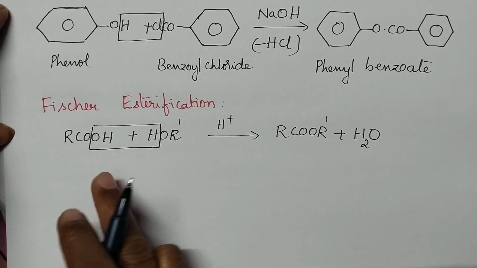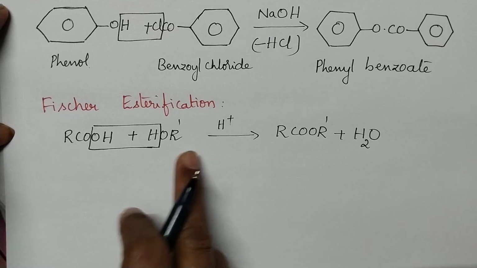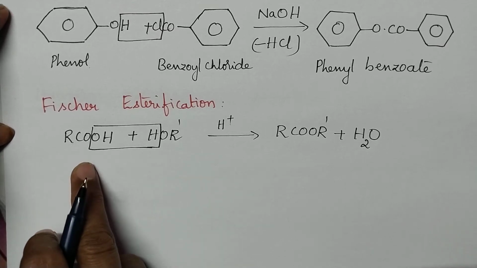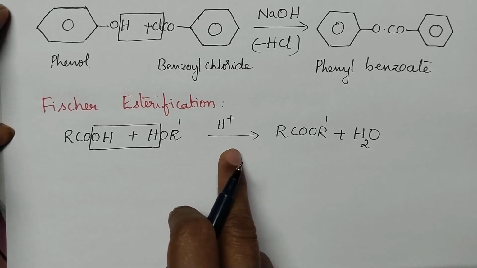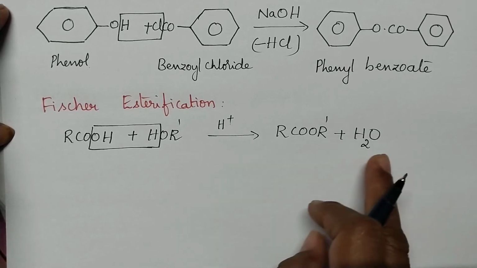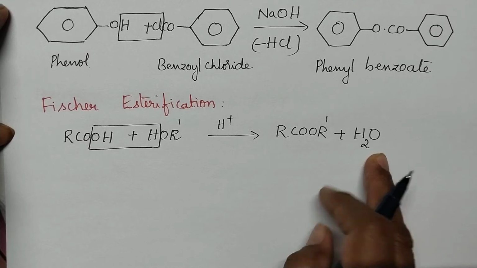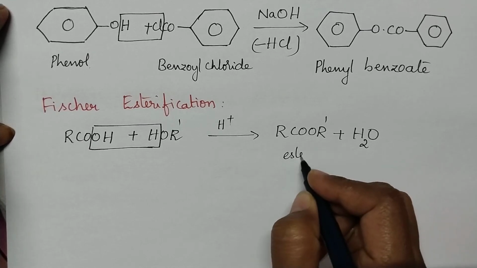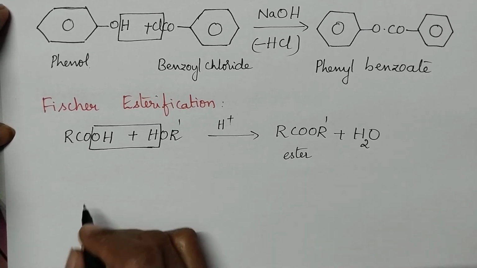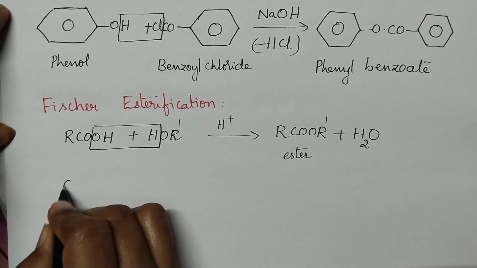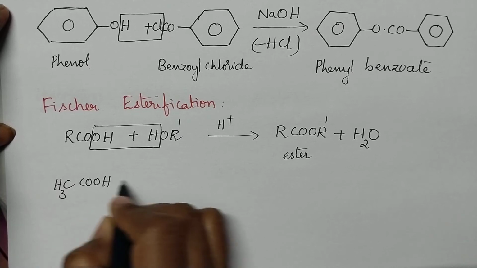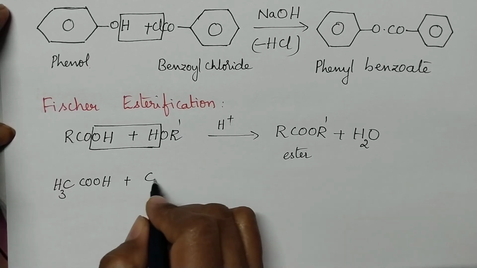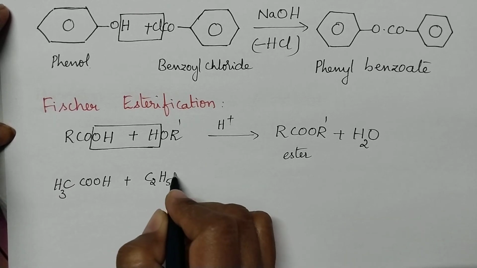So during Fischer esterification process, what happens, students? Acid reacts with alcohol in the presence of sulfuric acid or HCl. Then water molecule will be eliminated and it results in the formation of ester. Let us see one example: acetic acid reacts with ethyl alcohol.